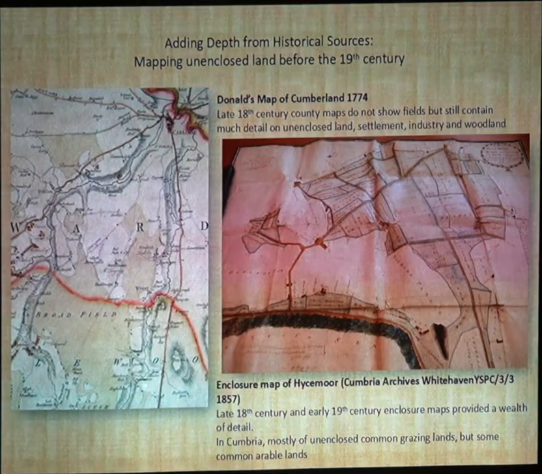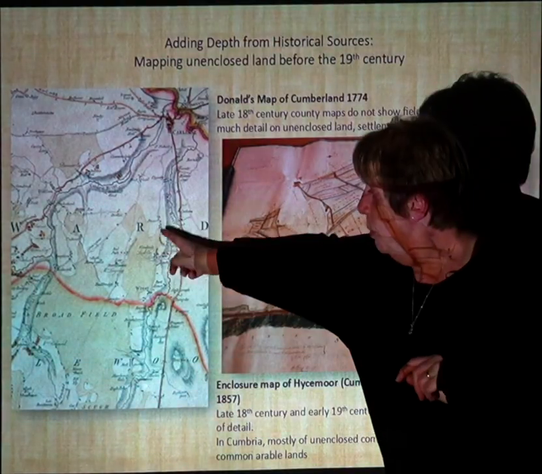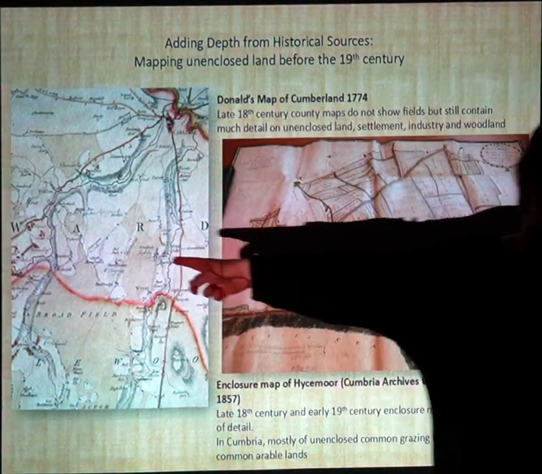And the obvious sources for that, there were two. One were the late 18th century county maps, so Donald for Cumberland, Jeffreys for Westmoreland, and Jeffreys again for Lancashire. Now, although they're county scale and they don't show individual fields, what they do show, excuse me walking across the map, these areas here are unenclosed lands.